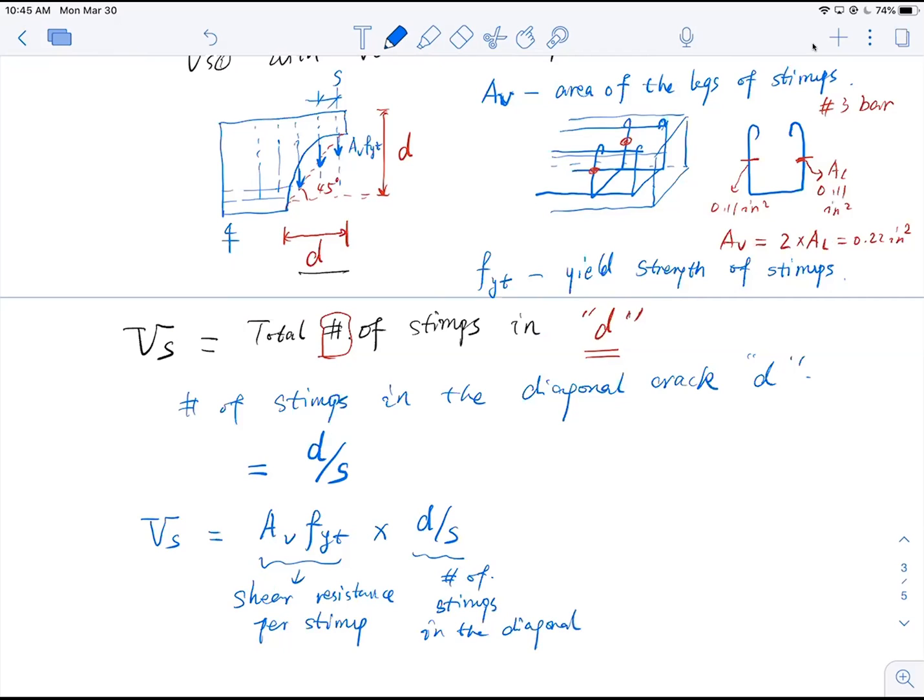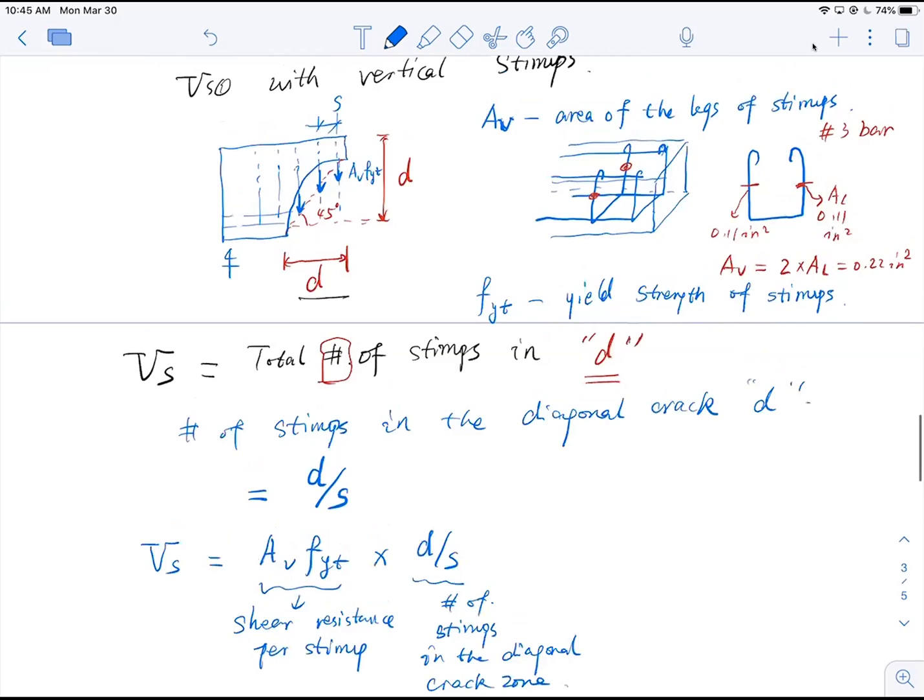So now I have the shear resistance from the vertical stirrups.